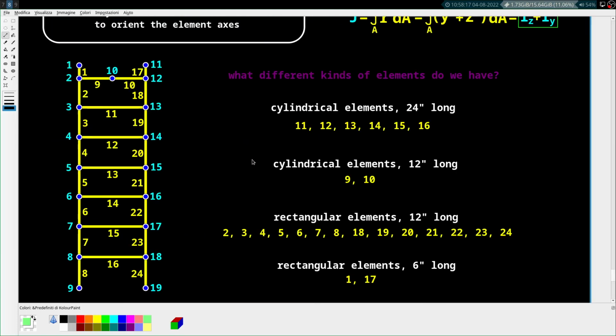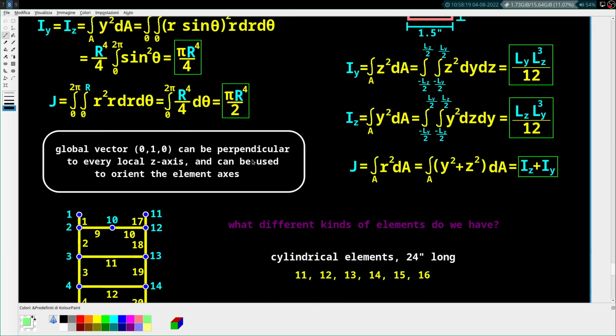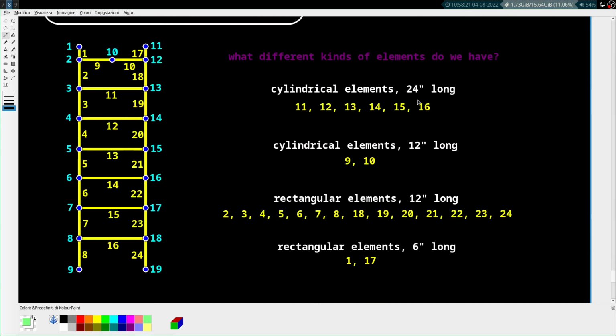So yeah, that's all that. Now comes the question: what different kinds of elements do we have besides just the cross sections? Well, we have elements that are cylinders, and for cylinder elements we have elements that are 2 feet long, or 24 inches long. So that would be all of these elements here. This element, this element, this element. Those are all 2 foot long elements. And you can see I labeled all the nodes. The nodes are labeled 1 through 19.